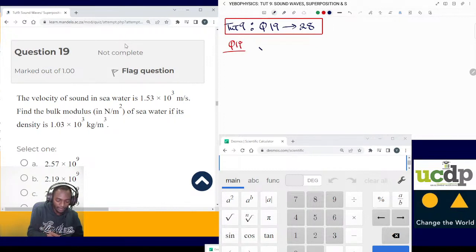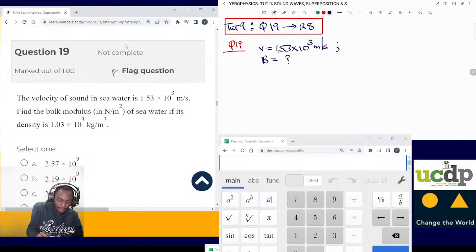We're given that the velocity is 1.53 times 10 to the power of 3 meters per second. And the bulk modulus B, that's what we're looking for, right?